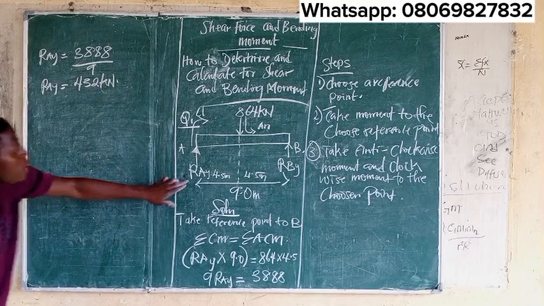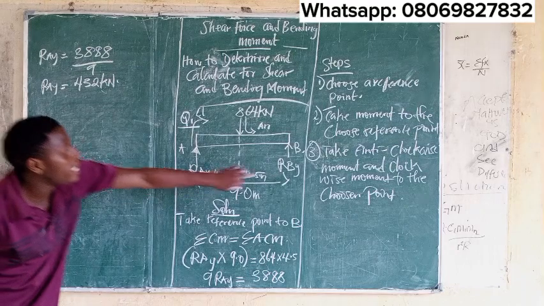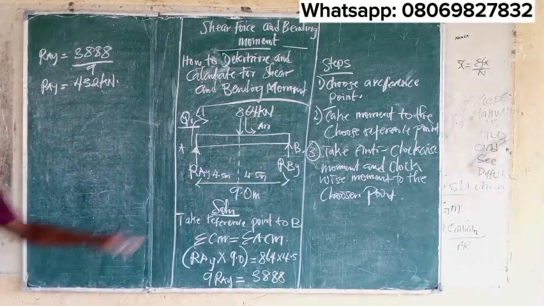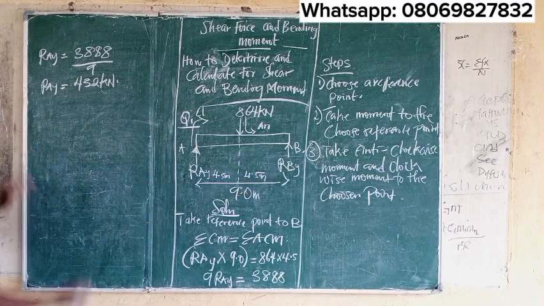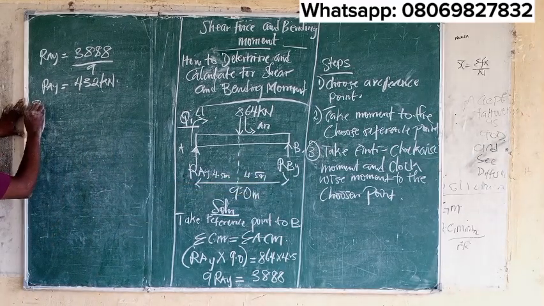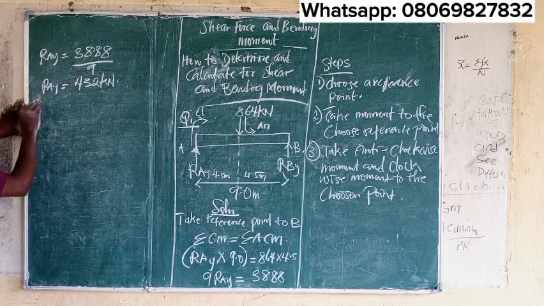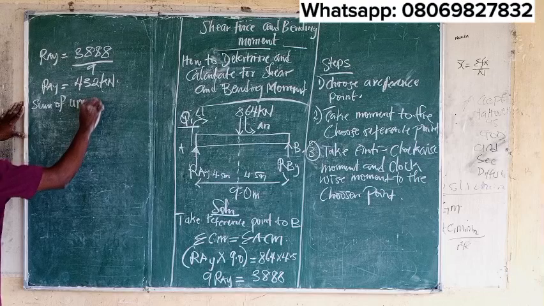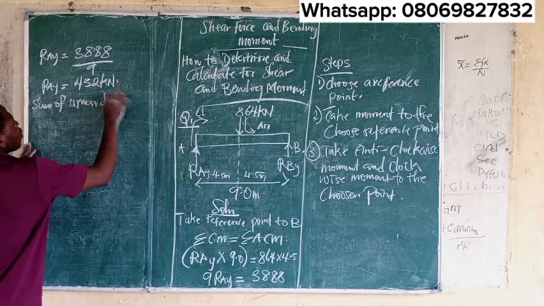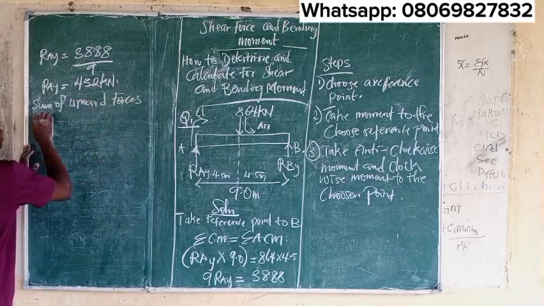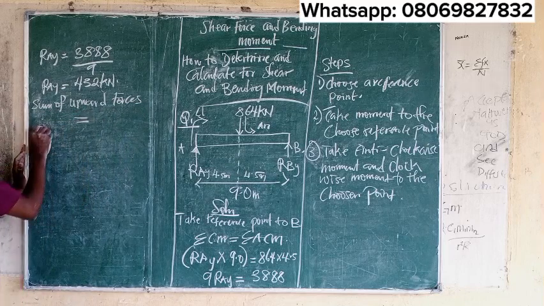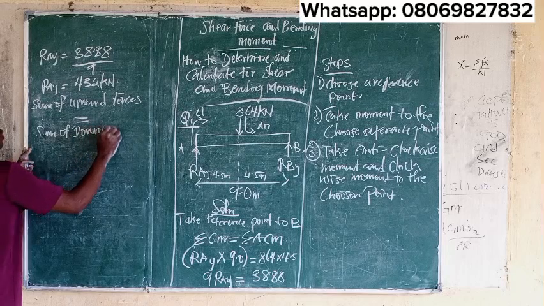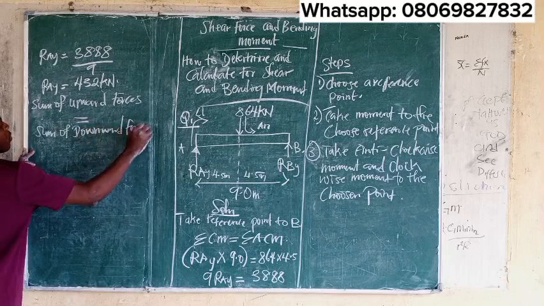Now we've gotten this reaction. The next thing is for us to get our RBY, which is the next reaction. Now to get this reaction, what do we simply do? We simply say sum of upward force is equal to sum of downward forces.